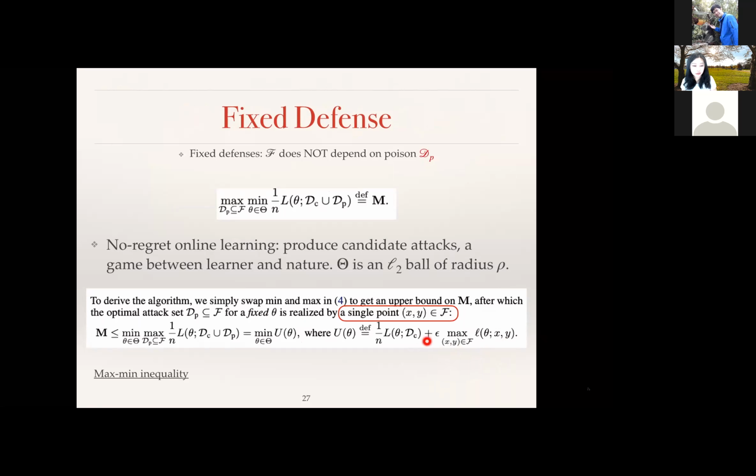You will see that this is epsilon times the maximum of L of theta, x, y, where x, y is within the feasible set. So everything boils down to finding a single point within the feasible set. And if you have epsilon n such points, then all of them are going to be the same, because you're simply trying to minimize the loss in your training.